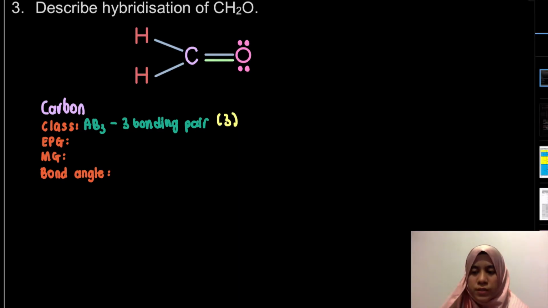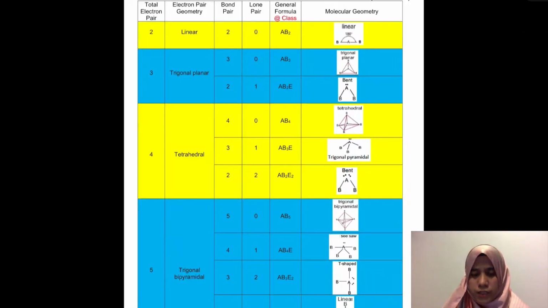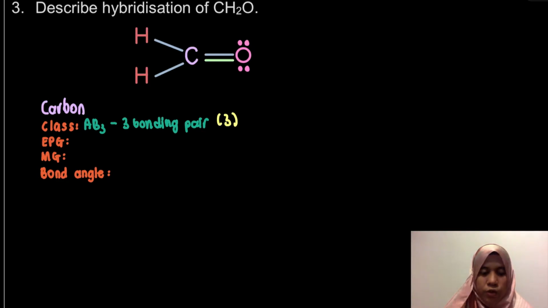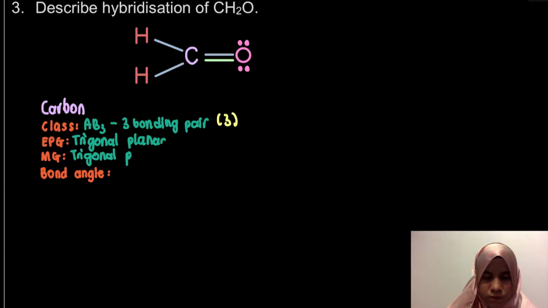If it is 3, what is the shape? It is trigonal planar. It has no lone pair, so it is the same: trigonal planar for both EPG and MG. And the bond angle between all of these is 120. So that is for our carbon.